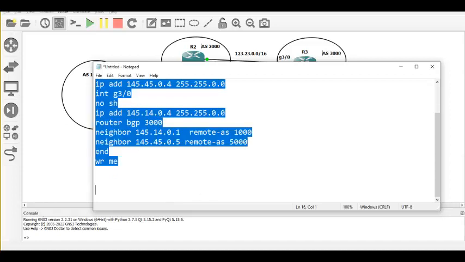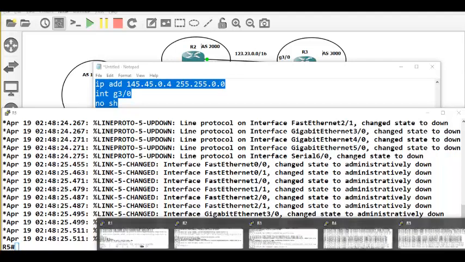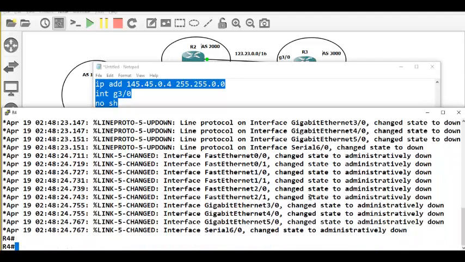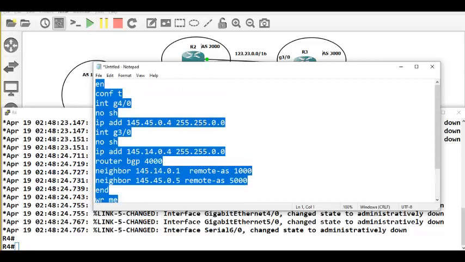This goes on router 4. What about this one? This should be 4000 because we are doing it on router 4. Okay, finished.